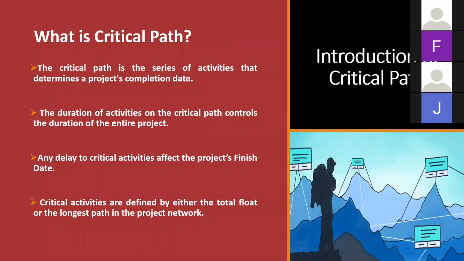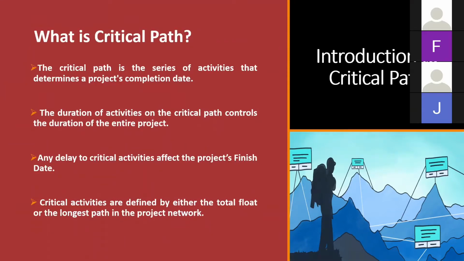Now, what do we know about critical path? The question is, what is critical path? Basically, the critical path is the longest continuous path of activities from the project start date until the final completion activity, which determines the overall completion date of the project.